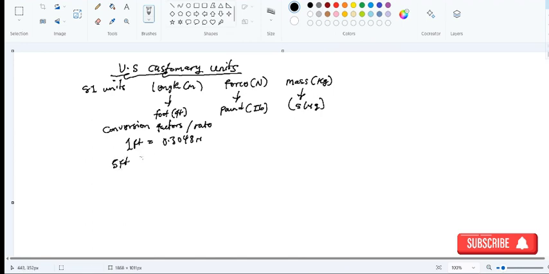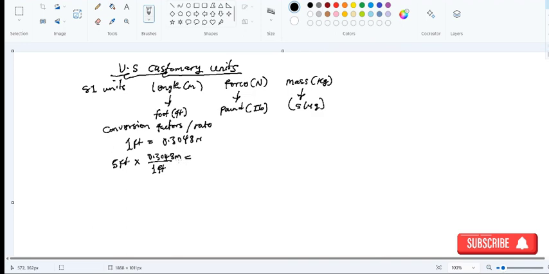So what you need to do is just note this conversion rate on your head, and then all you need to do is multiply. So first we want to bring the feet under so that it can cancel out. So 1 feet is equals to 0.3048 meters.